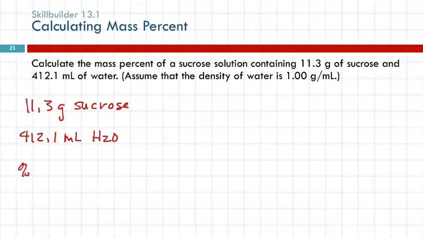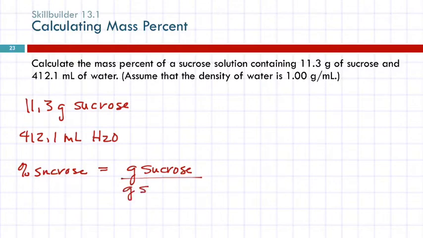So the mass percent of sucrose is going to equal the mass of sucrose divided by the grams of the solution, the whole thing, times 100.